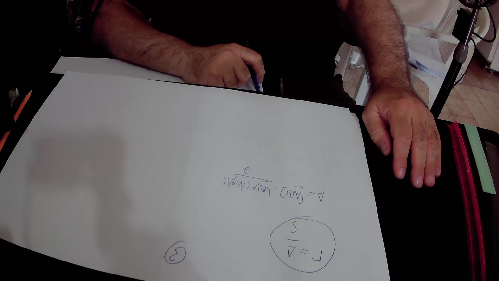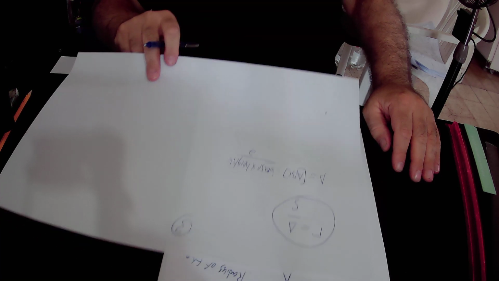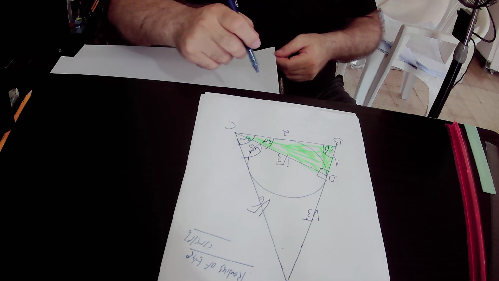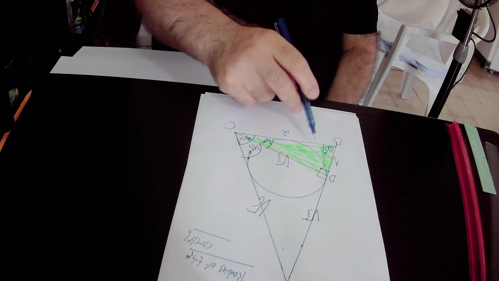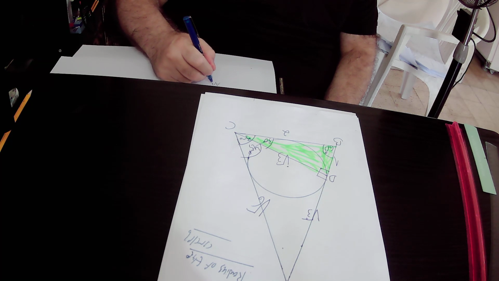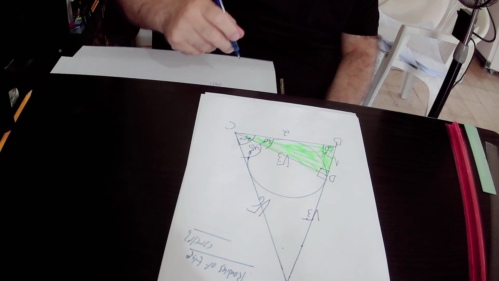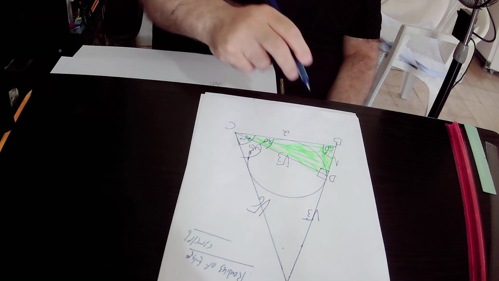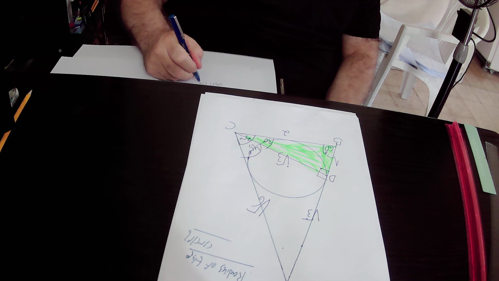So the area of triangle ABC equals the base of the triangle. We will take the base as side AB, times the height. CD creates 90 degrees with the base, therefore CD is the height of the base, over 2.